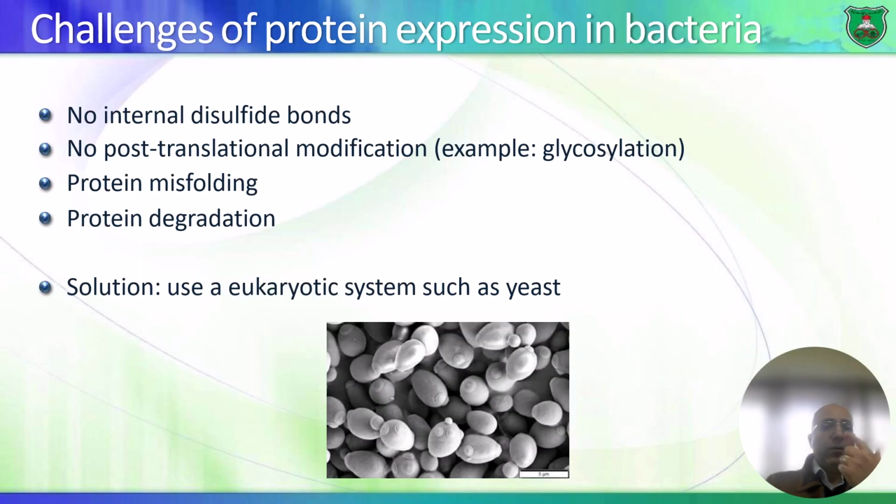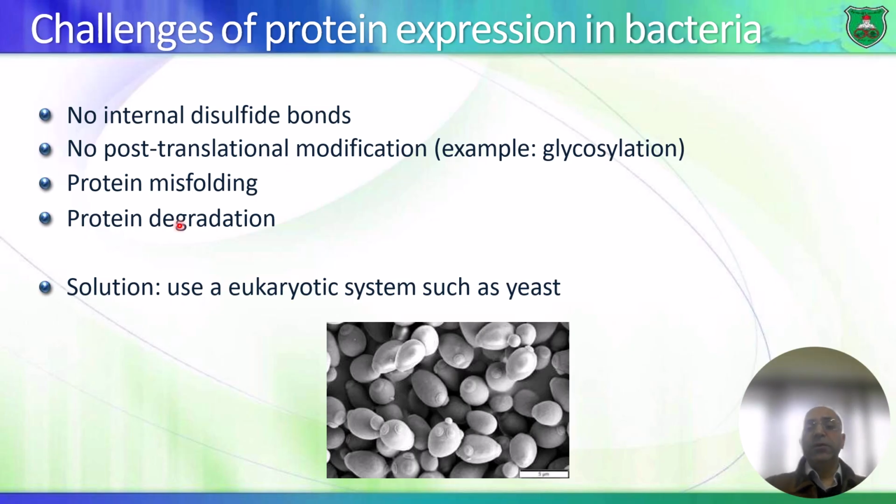Now the problem with expressing human proteins in bacteria is that bacterial proteins do not have disulfide bonds like human proteins. That's a problem. Bacteria do not have post-translation modification. There's no glycosylation of proteins, for example.